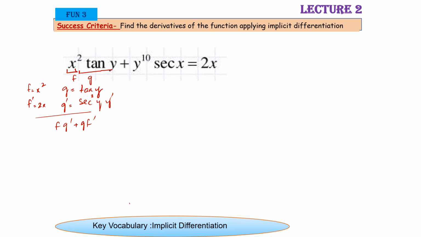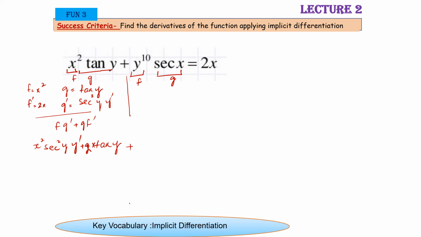So we will write here f, that is x squared, g prime, that is secant squared y, y prime, plus g, that is tangent y, and f prime, that is 2x. Okay, plus now the next thing. Here y to the power 10 will be your f and secant x will be your g.